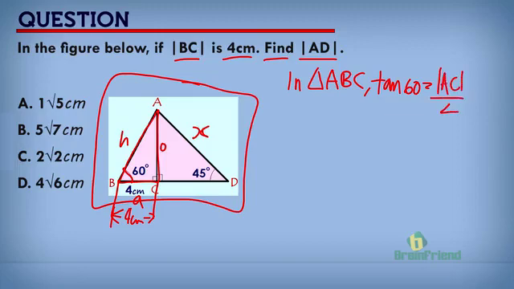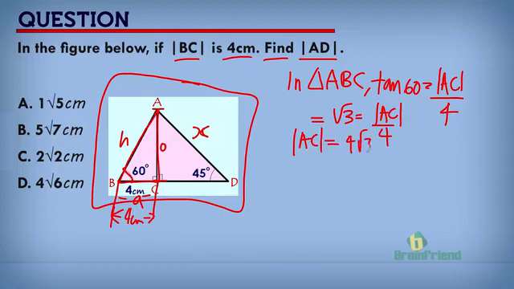Our adjacent side is 4, which is given to us, while our opposite side is line AC. Okay? From the ratios that we derived earlier, we know that tan 60 is root 3. So root 3 is line AC all over 4. Cross multiplying, line AC is equal to 4 root 3 centimeters. Okay, so our line here is 4 root 3 cm.